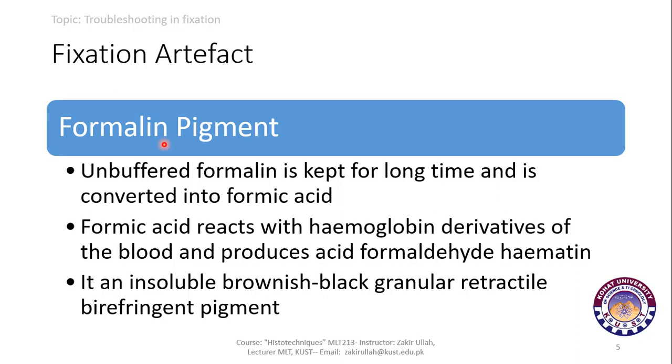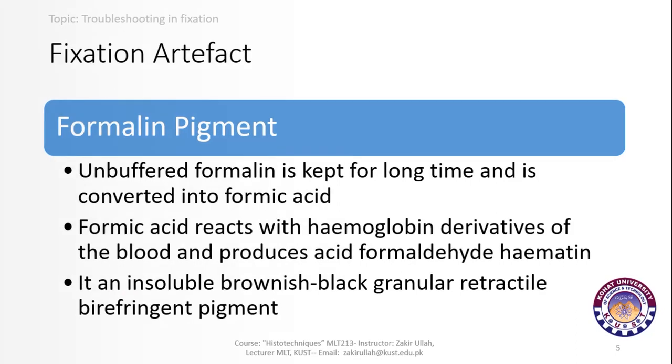This acid formaldehyde hematin is insoluble and appears as a brownish black granular refractile birefringent pigment. This pigment is an artifact that causes disturbance during the microscopy of the tissues, so that they cannot be studied properly. That is why this artifact should be removed.